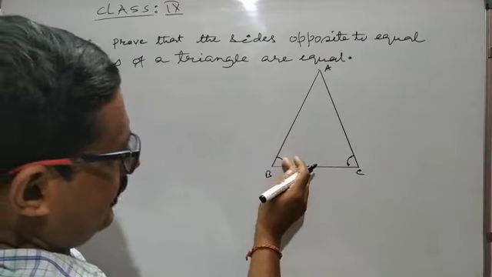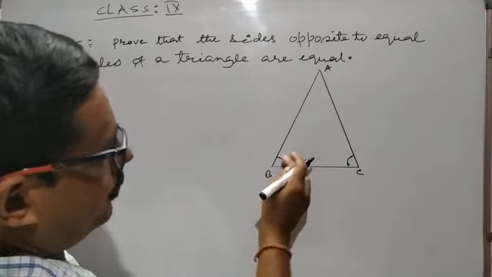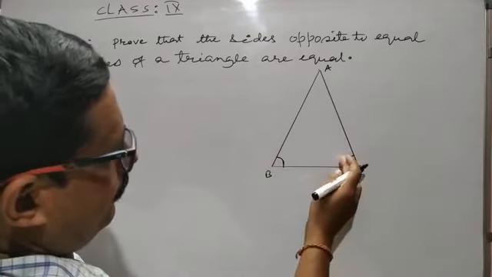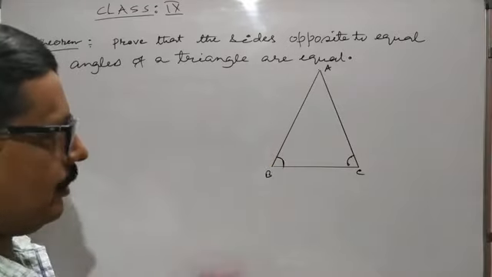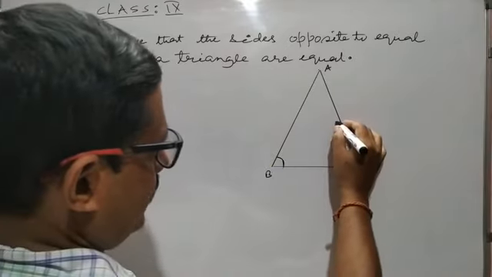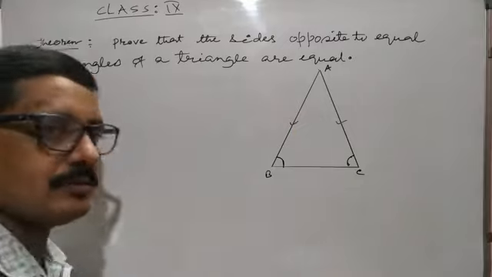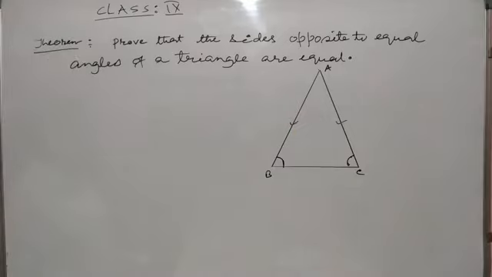That means this angle equal to this angle, so its opposite side is AC and its opposite side is AB. That means according to our theorem, this side must be equal to this side. So this theorem no need to prove here, but we should know this theorem.